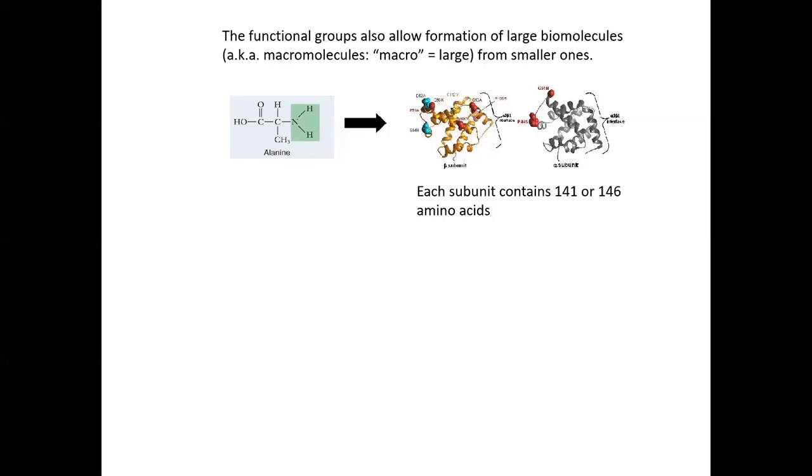Okay. So amino acids, chains of amino acids form proteins. Good. They have nitrogen. They can form chains. But if you string together a bunch of amino acids, you then can get a functioning protein.